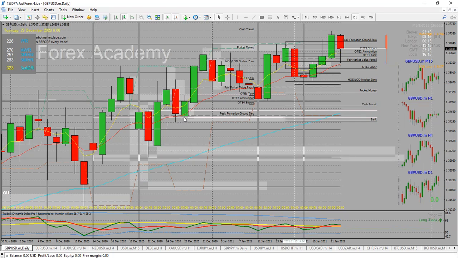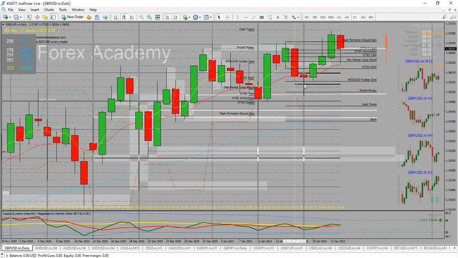Then the wick of this candle was not tested, and then we have this wick that gives us the flip zone. Where did they use the flip zone? Previous week on these candles, this one and this one.